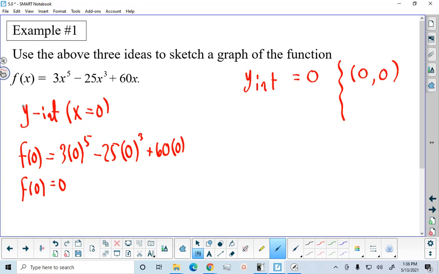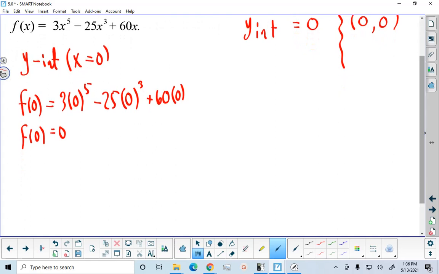Okay, what about the x-intercepts? The x-intercepts are found by letting y equal 0. So we have to solve this equation.